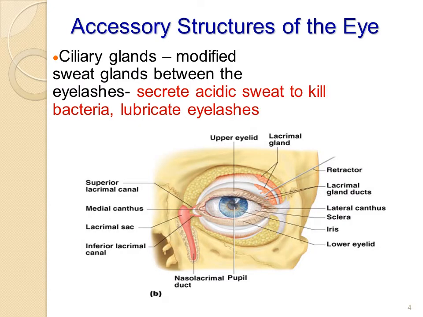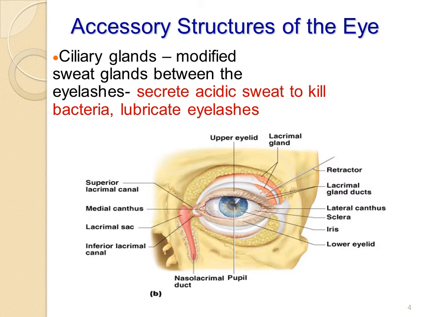So what are the accessory structures of the eye? These include the glands modified from sweat glands between the eyelashes, which secrete acidic sweat to kill bacteria and also lubricate the eyelashes.